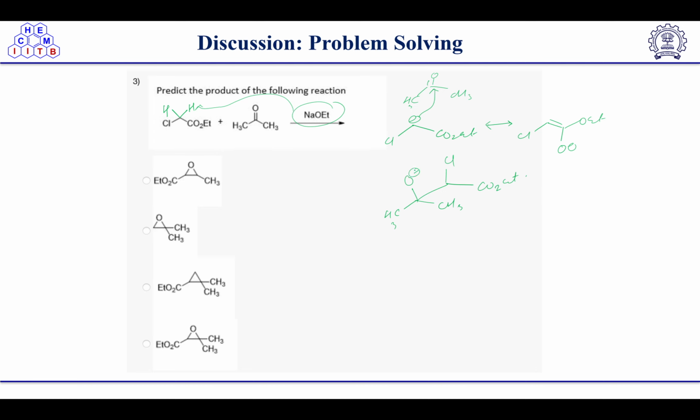It has not taken a proton right now, so it will attack on this center, and chlorine is a good leaving group, so it will knock out and the epoxide will form over here.